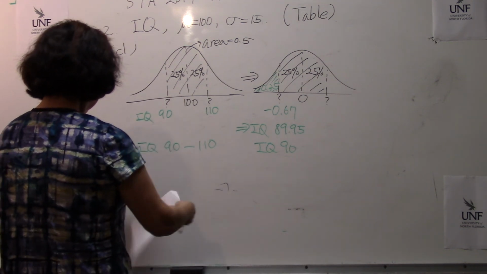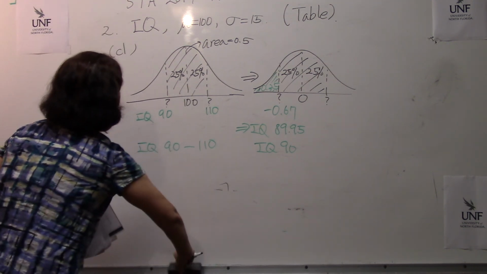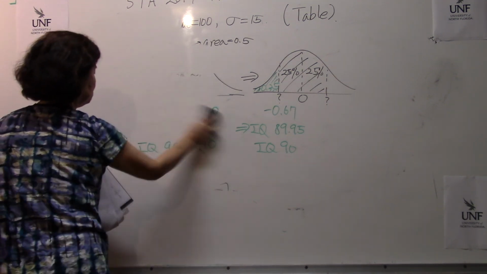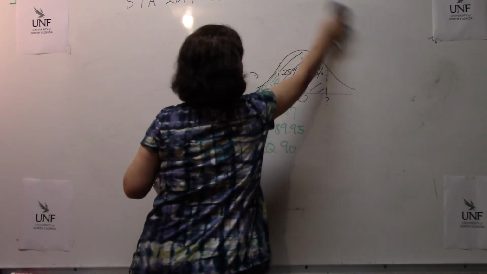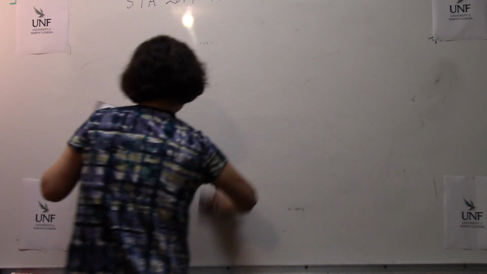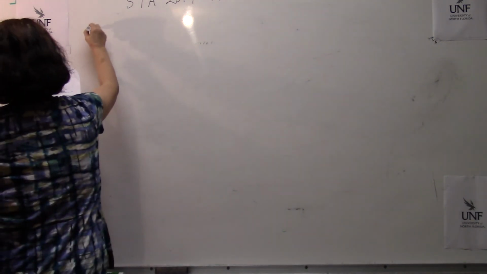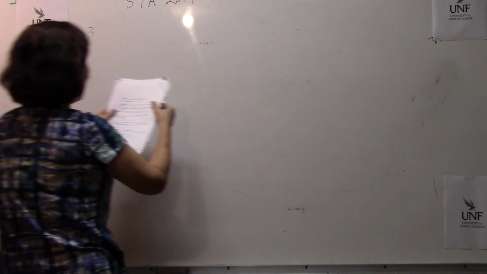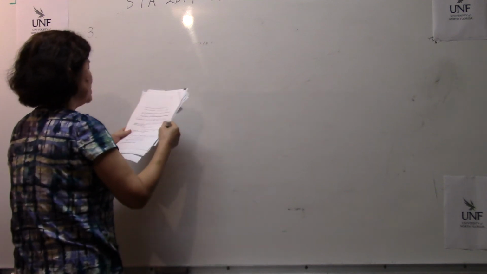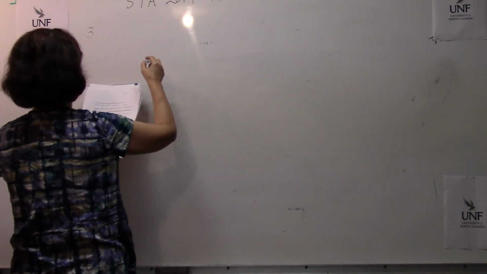Now go for number 3. Number 3 is about probability. Okay, number 3. A fair die is rolled 10 times, x is the number of sixes, okay?